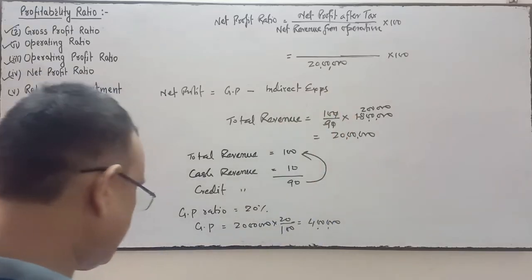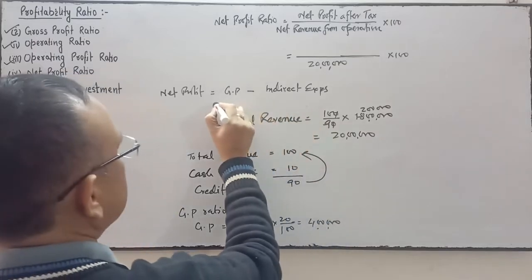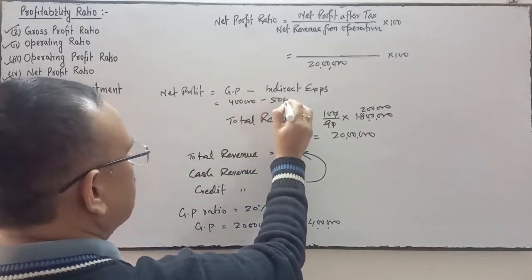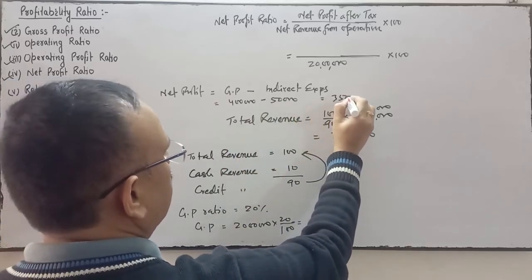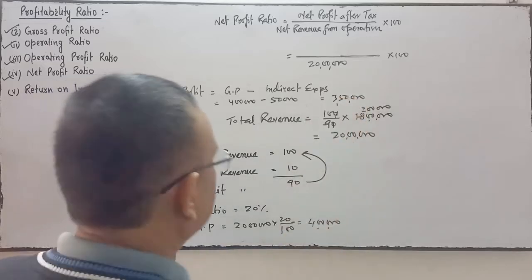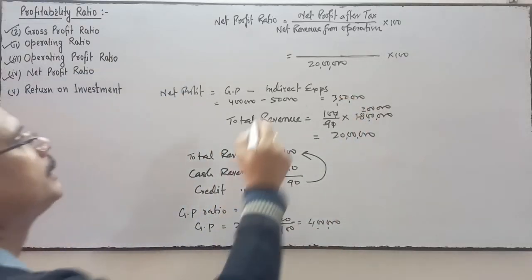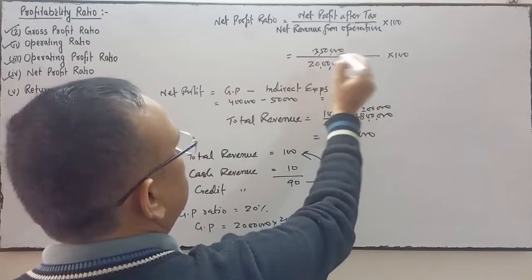Is there any indirect income? There is no indirect income. So gross profit is 4 lakhs minus indirect expenses 50,000. So net profit is 3,50,000. Write it over here, net profit 3,50,000.